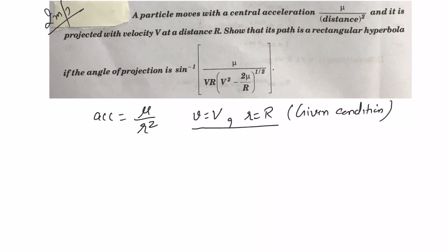Now we have to show that its path is a rectangular hyperbola. It will represent a rectangular hyperbola if the projection is at this particular angle, sine inverse this much.